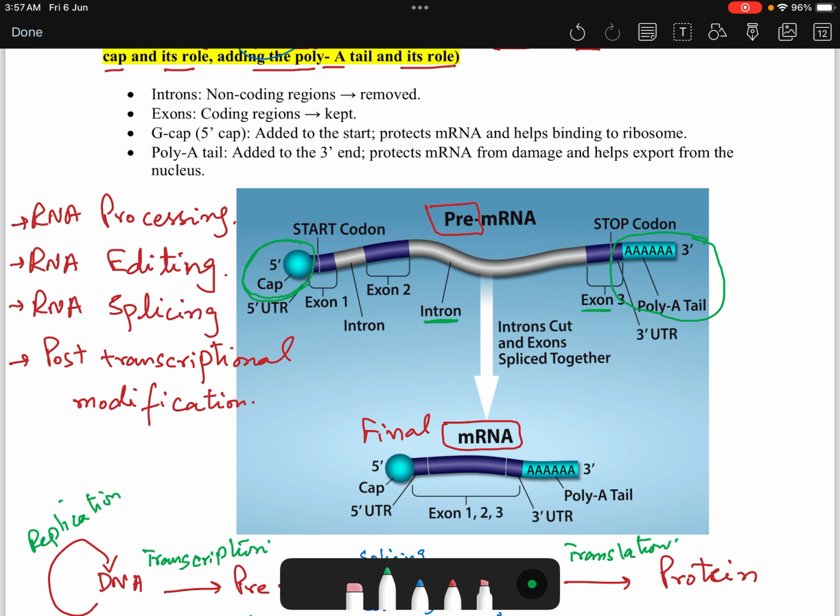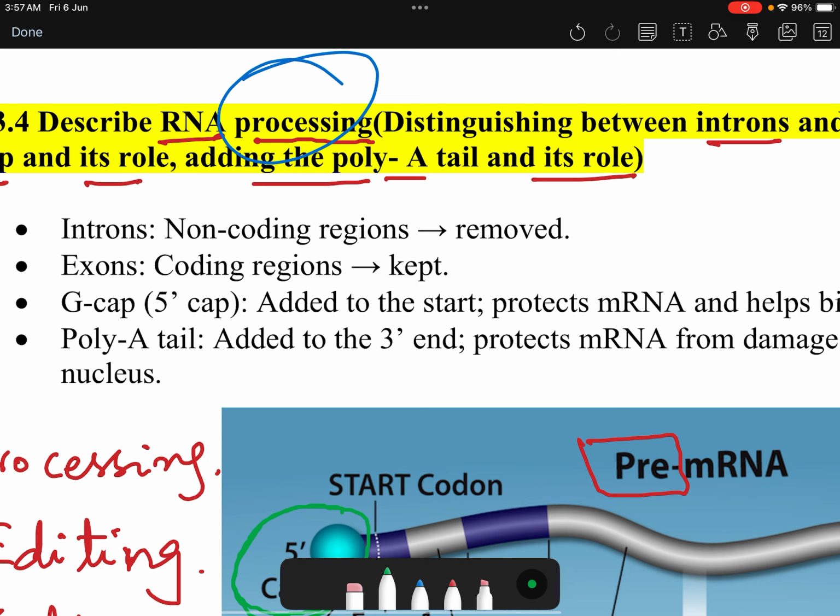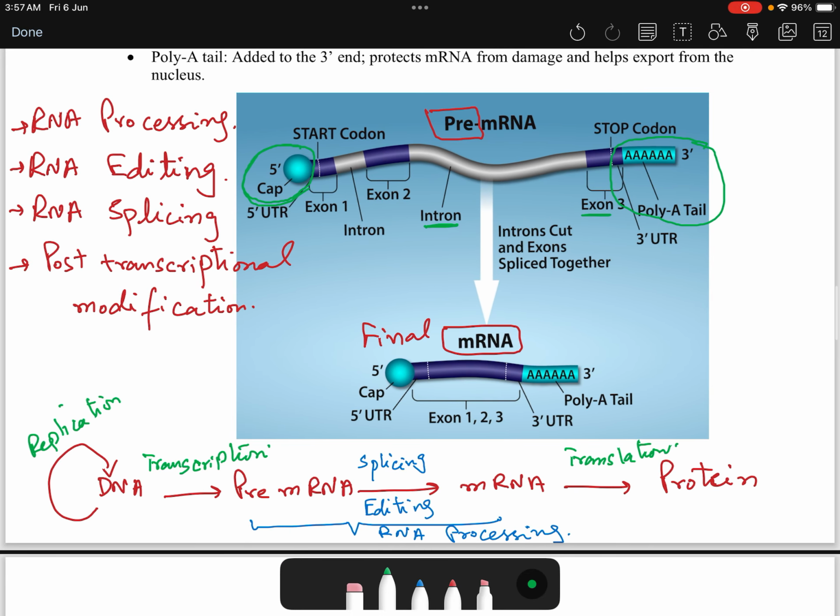So basically, what are introns? Okay, so introns are non-coding regions which have to be removed. So how you can say it? Introns removed. And the exons are kept. So exons are the coding regions which are kept in your final mRNA.